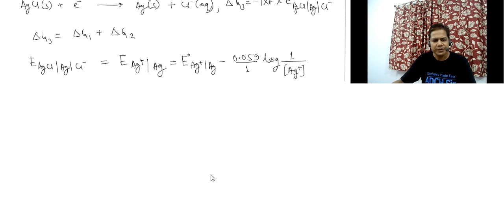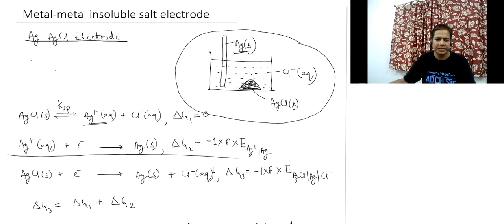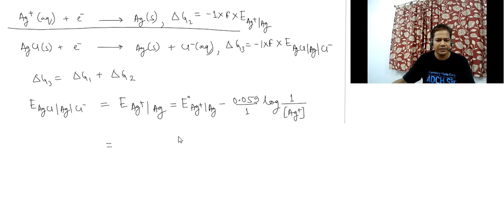Now here, the concentration of Ag+ ions will be controlled by the solubility equilibrium. In the solubility equilibrium, concentration of Ag+ into concentration of Cl- is equal to Ksp. The concentration of Ag+ will be equal to Ksp upon Cl-. So let us put the values.